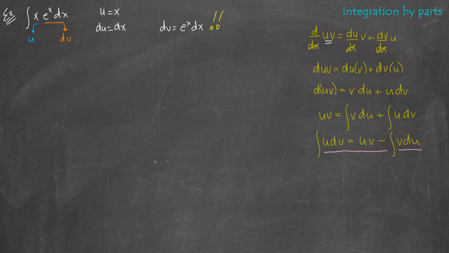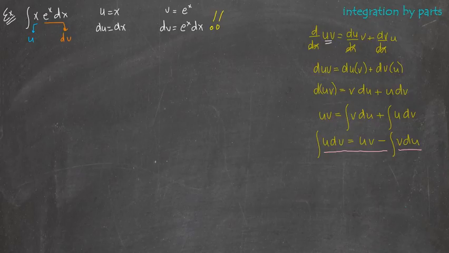We want to take the antiderivative, because what we want to do is get to v, and so I need the antiderivative of this side, which means also the antiderivative of this side. And when I take the antiderivative of dv, I just get e to the x. Working forward to be sure I've done it correctly, if v equals e to the x, what does dv equal? E to the x dx. Done. Now I have all of my u, v, du, and dv to just plug into this formula.